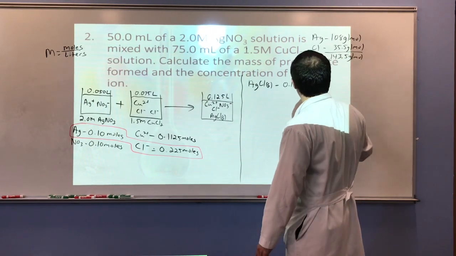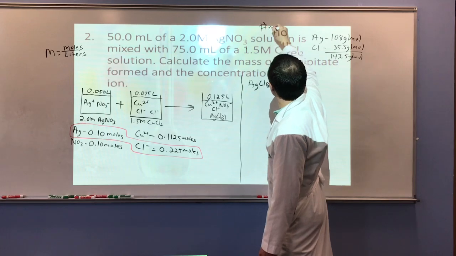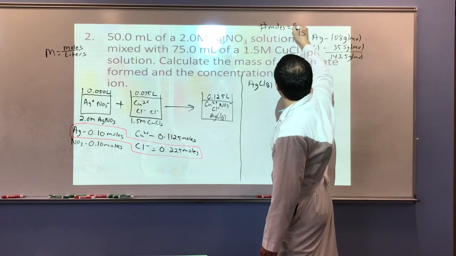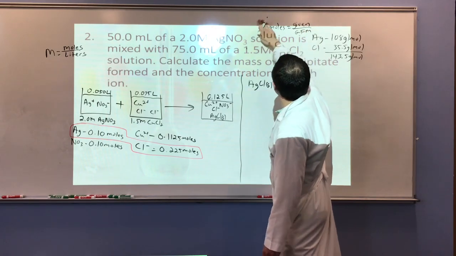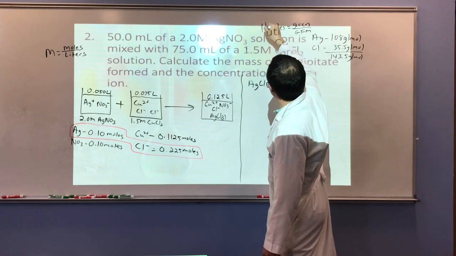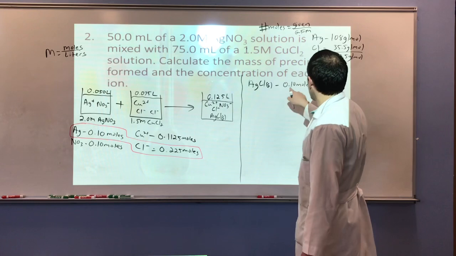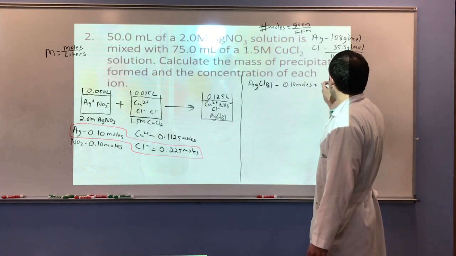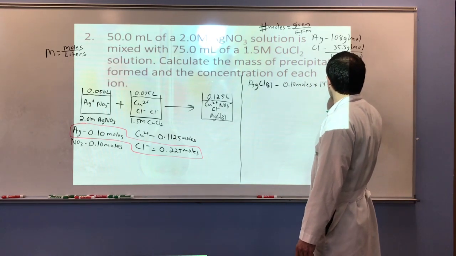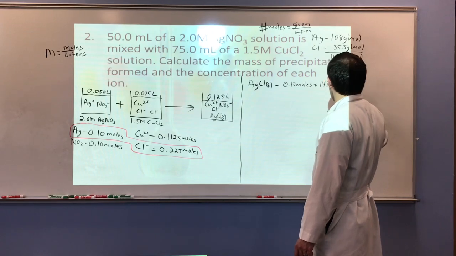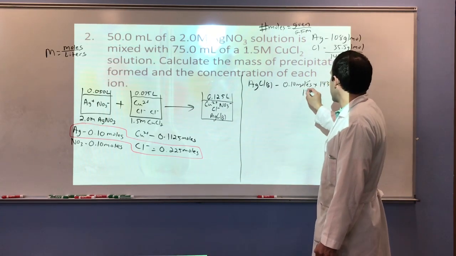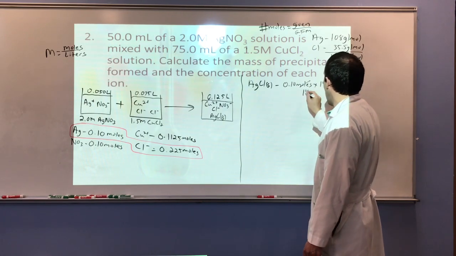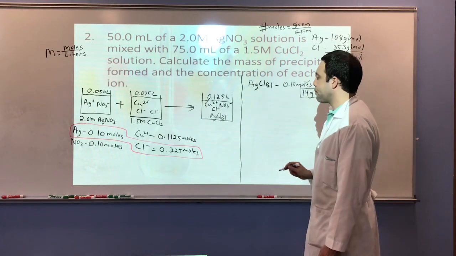Once again, the mole formula, number of moles equals given mass over GFM. So I'm going to multiply the number of moles by the GFM. Moles and moles cancel out. I get my answer to 2 significant figures as 14 grams of AgCl.